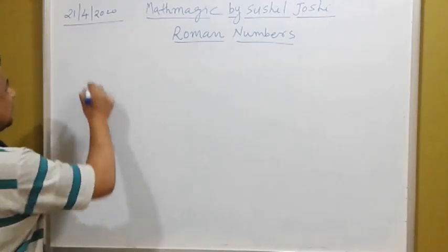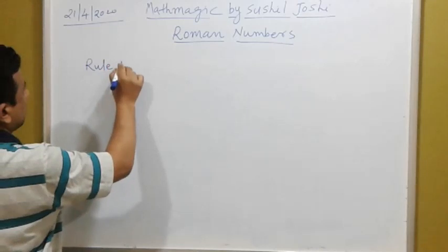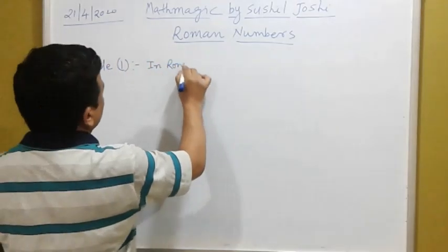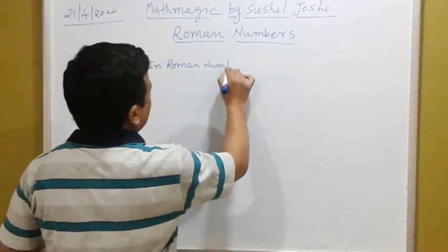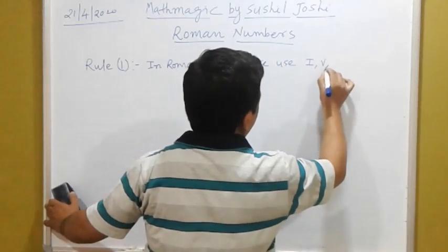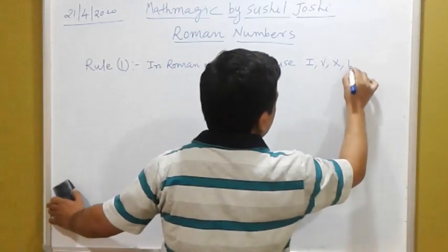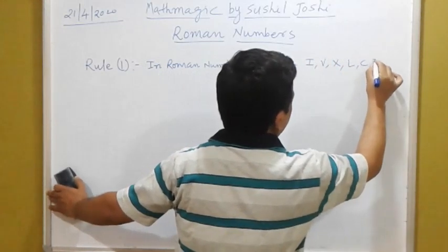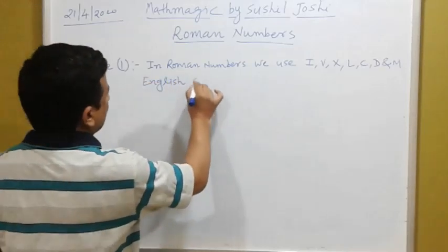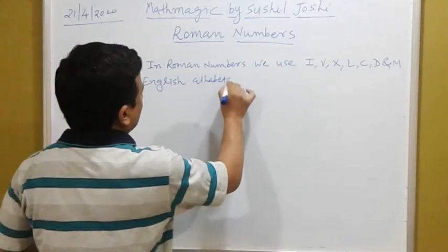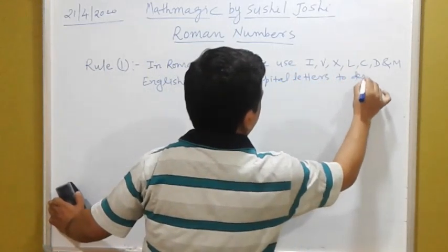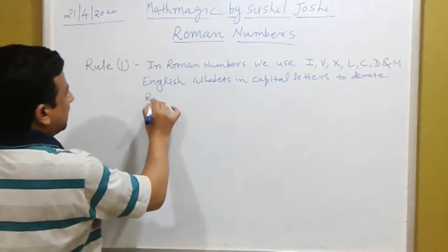Now the first one, look here, rule 1. In Roman numbers, we use I, V, X, L, C, D and M English alphabets in capital letters to denote Roman numbers.